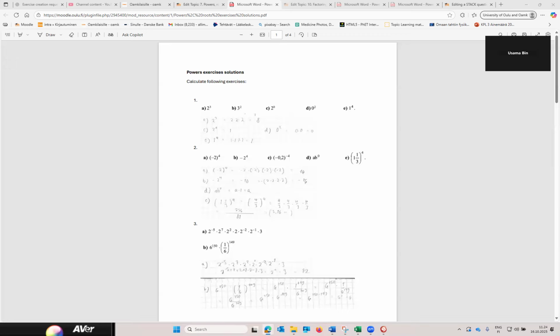Something like this. Or a cube root of x in the power of 2 is x in the power of 2/3. This is like what it means, sort of.